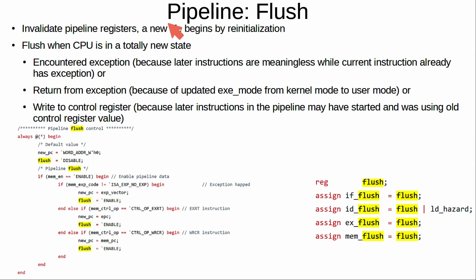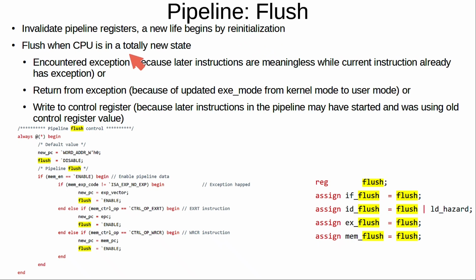When we are in the write back stage, the controller will check the exception code. If the exception code has something wrong with it, then the controller needs to flush out the pipeline registers. What flushing does is it reinitializes the pipeline registers.